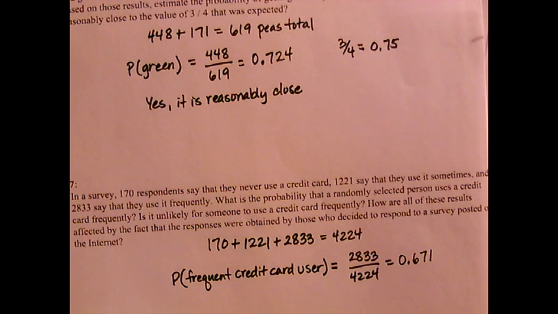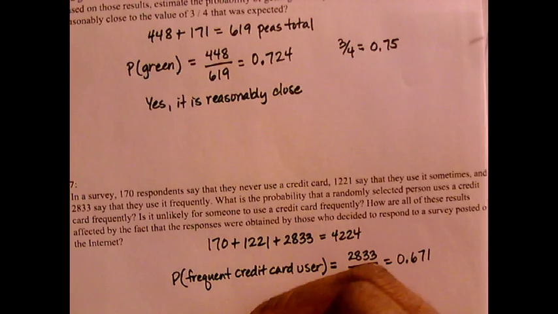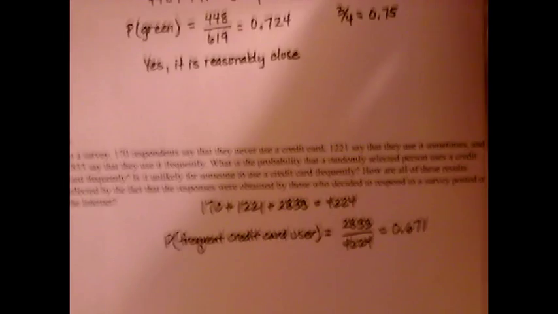Okay, now is it unlikely for someone to use a credit card frequently? Well, actually, 0.671 would be bigger than 0.05, which we use to determine whether or not it's unlikely. Anything unlikely would be less than 0.05. Here it is bigger than 0.05, so no, it is not unlikely.